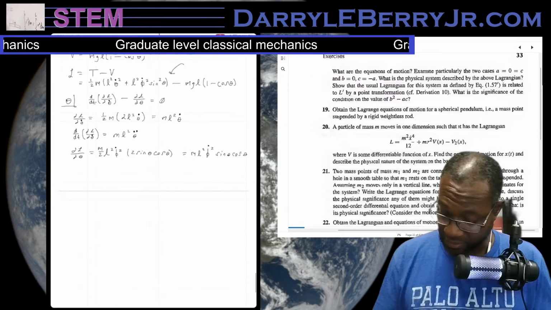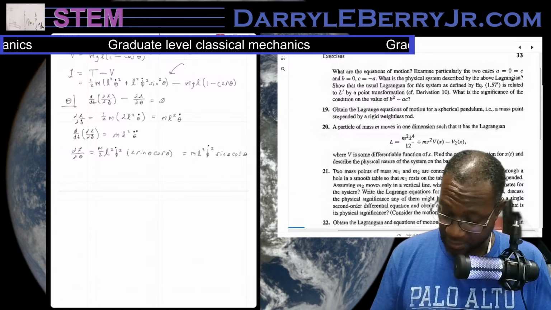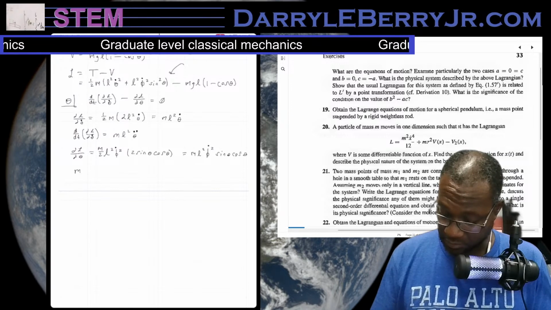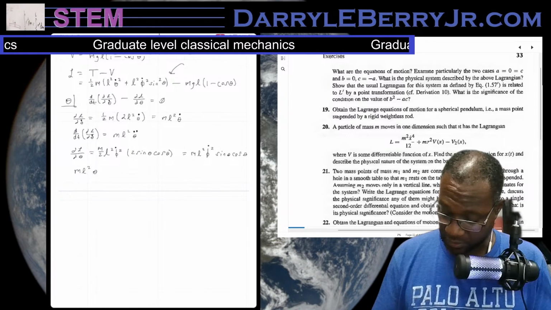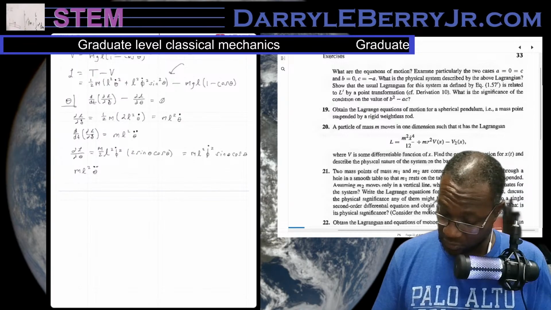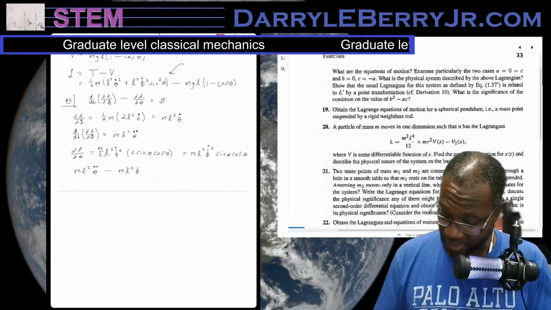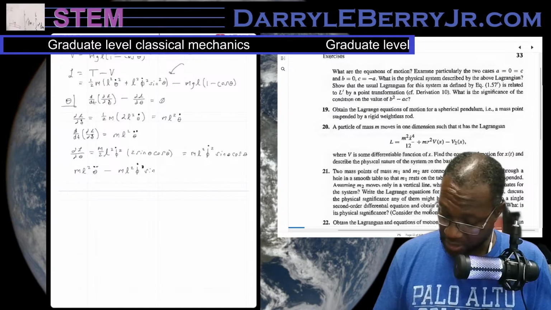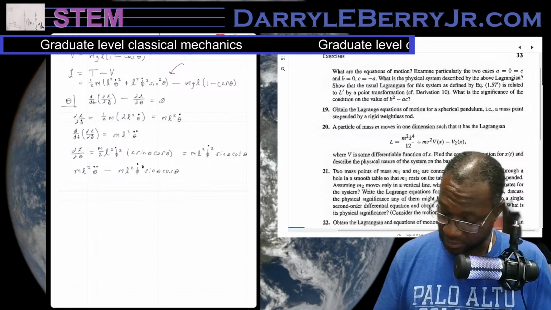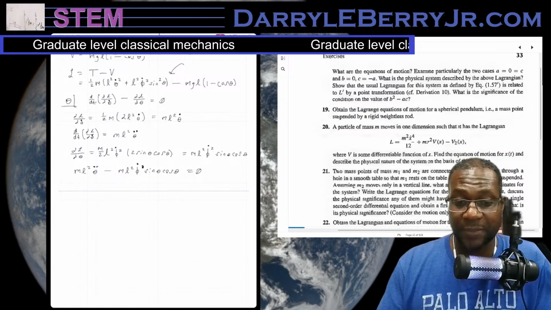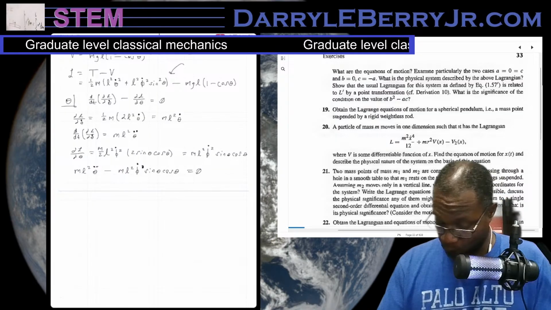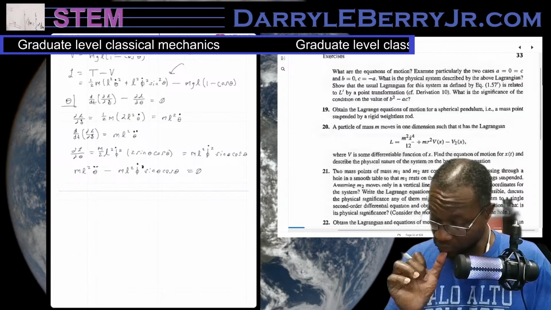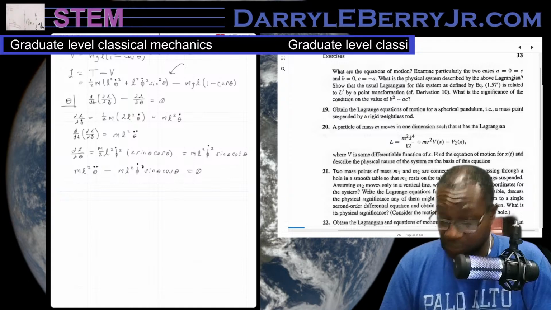Plugging these in, I have m L squared theta double dot minus m L squared phi dot squared sine theta cosine theta equals 0. Let's see if I have that correct.